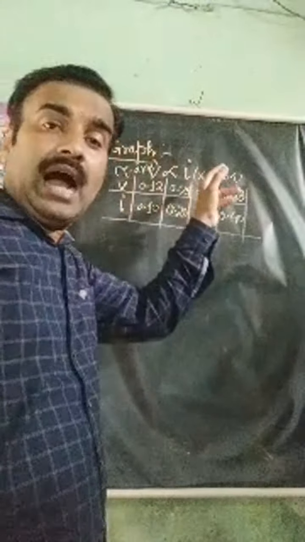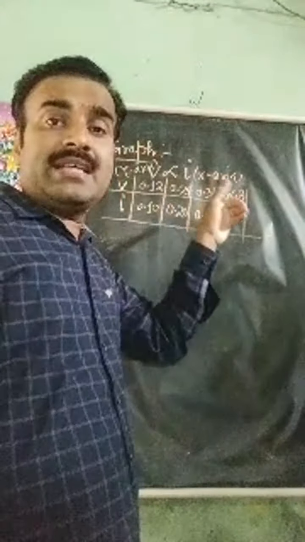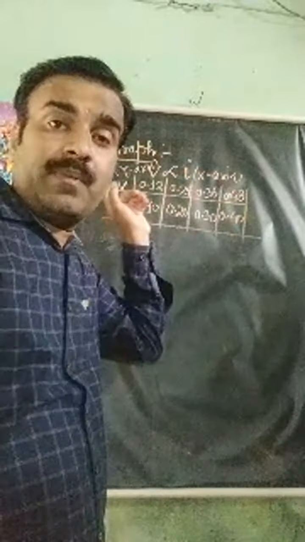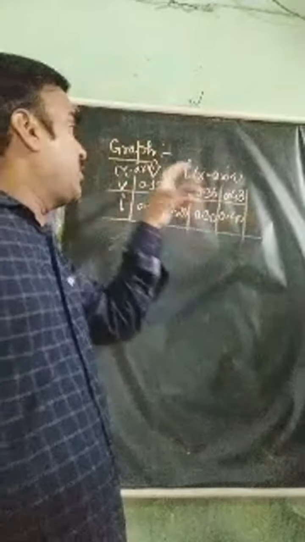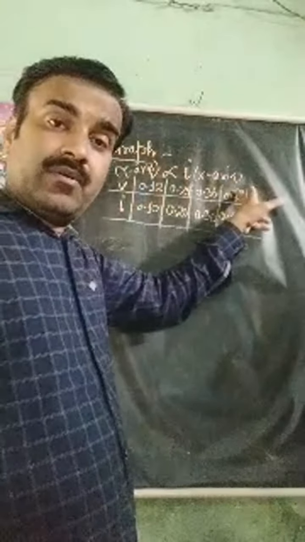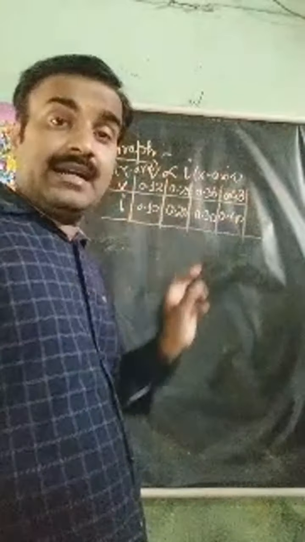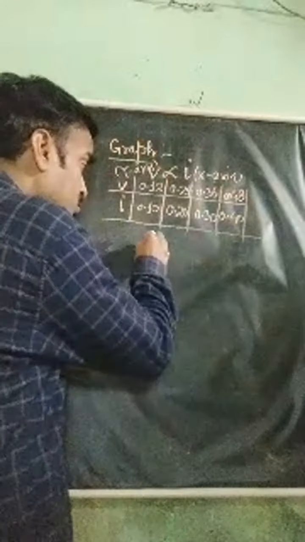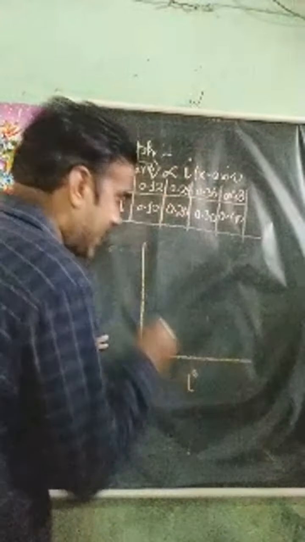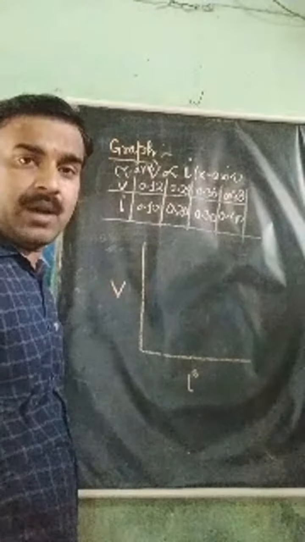Because V always depends upon I. That means I is the independent one and V is the dependent one. So draw the graph like that. This is the I and this one V.